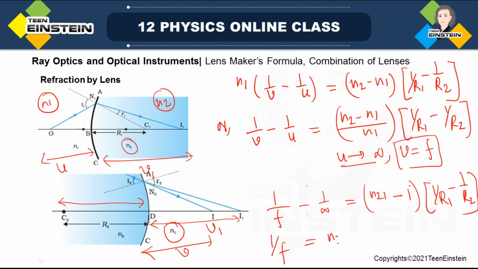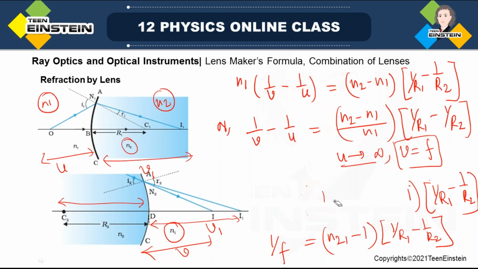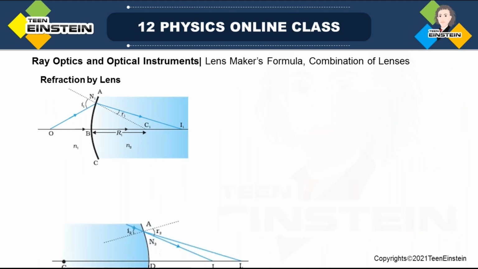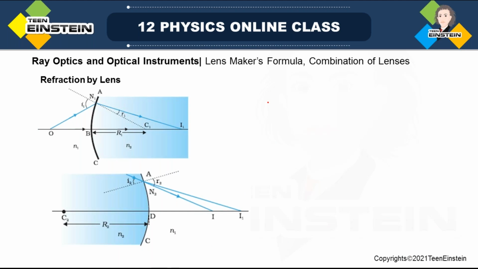So 1 over f is finally N21 minus 1 times 1 by R1 minus 1 by R2, where N21 is the relative refractive index of medium 2 with respect to 1. This formula is called the lens maker's formula. Let me clean up and rewrite it: finally, what we get is the lens maker's formula.